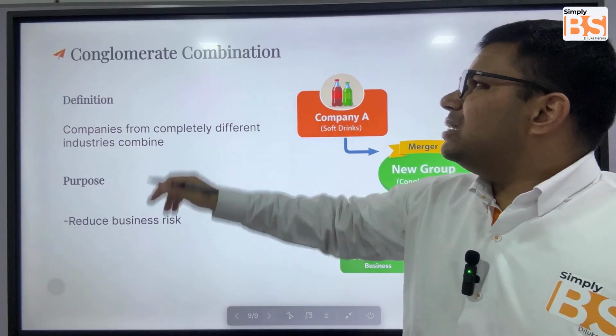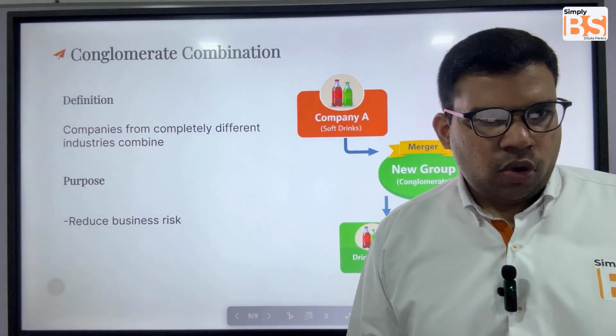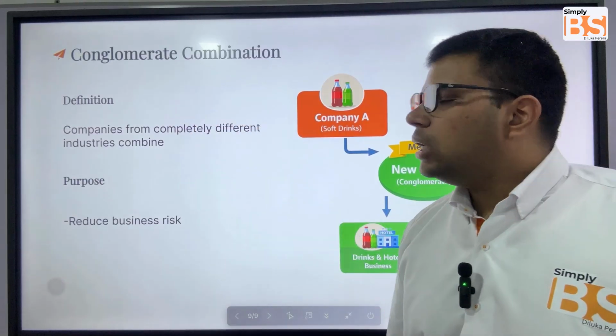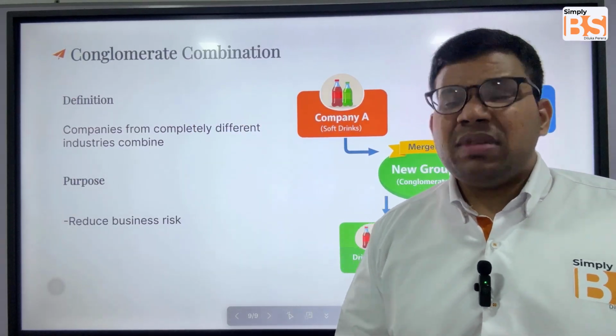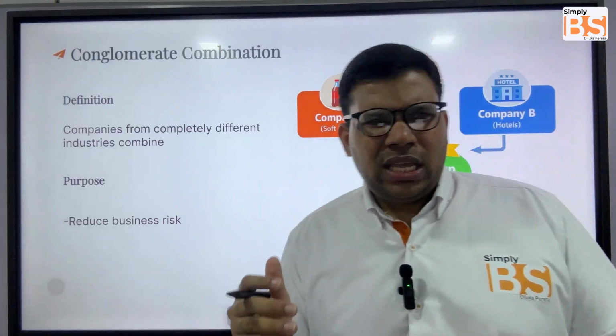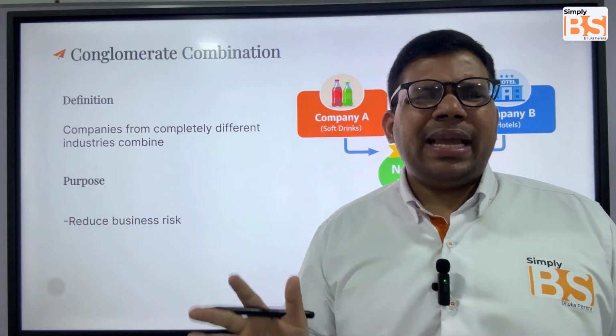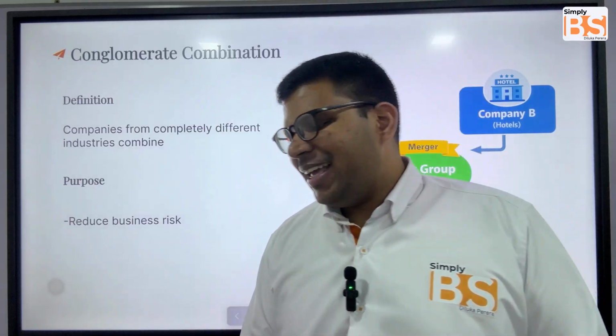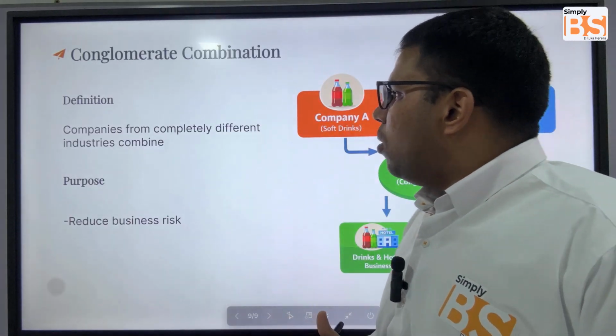Alright students, now let's discuss conglomerate combination, the third and final type of business combination. This conglomerate combination is very easy to understand, not complicated at all. What is a conglomerate combination?